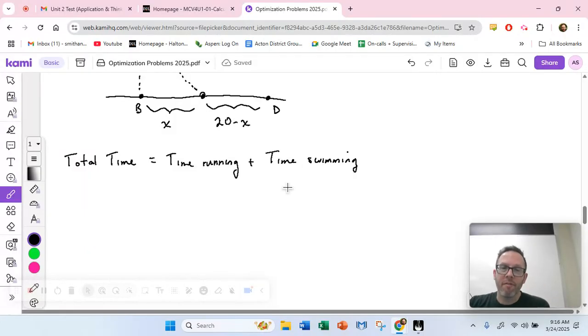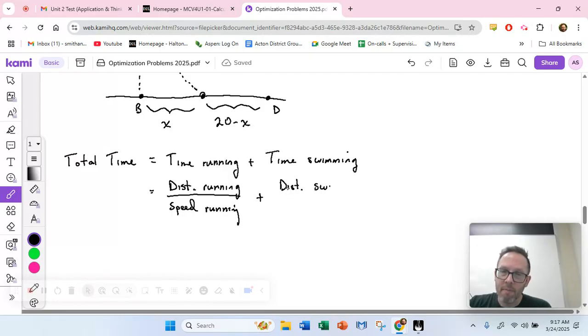Using the speed, distance, time triangle, that would be the distance running divided by the speed running. I'm not really worried about grammar right now. And the time swimming is the distance swimming divided by the speed swimming.